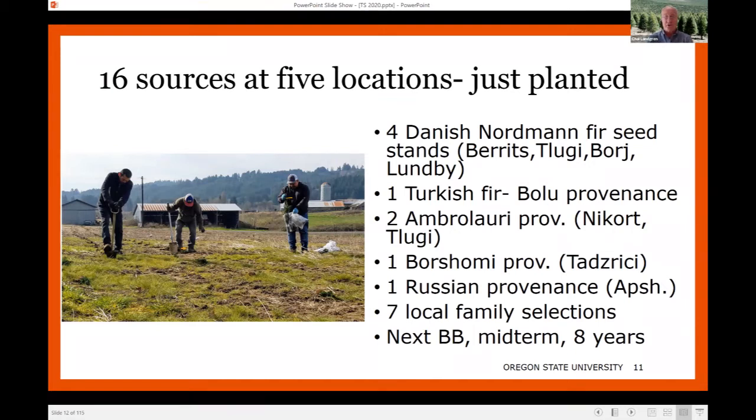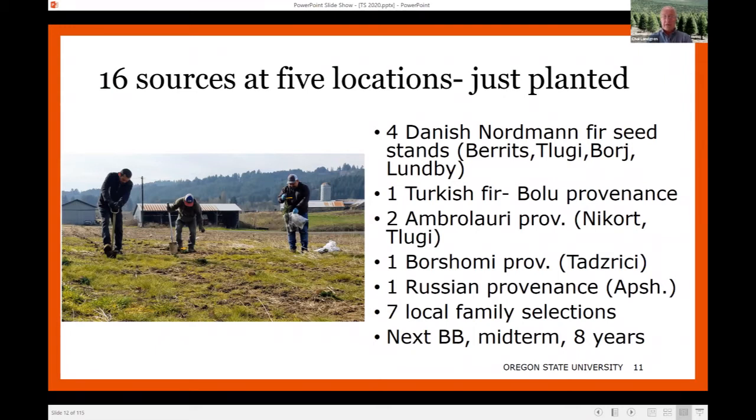It's near Sochi in the mountains of Russia. It is apparently a fairly fast growing source. We'll see how well it performs in our environments. And we have 7 local family selections from Westland Farms that we're including in this trial to compare with these others.